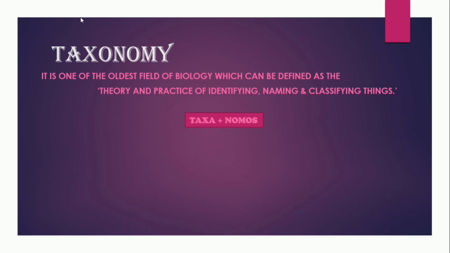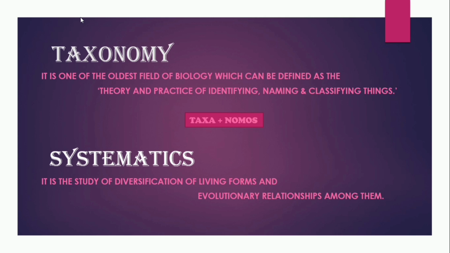Now, there's another term which I have seen that students often get confused with taxonomy, and that term is systematics. There's no need to get confused about it. There's a very little difference between taxonomy and systematics. In systematics, along with the taxonomic details, we study the phylogenetic relationships or phylogeny. For example, let us take humans.